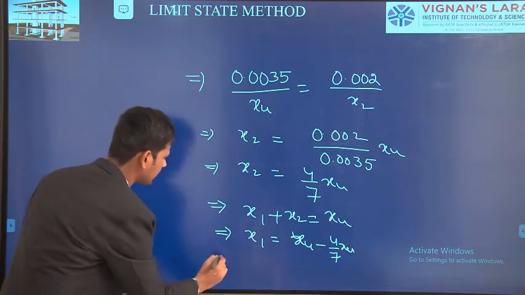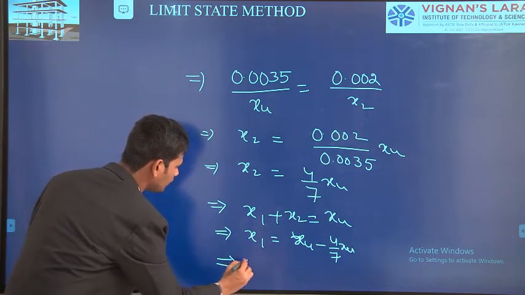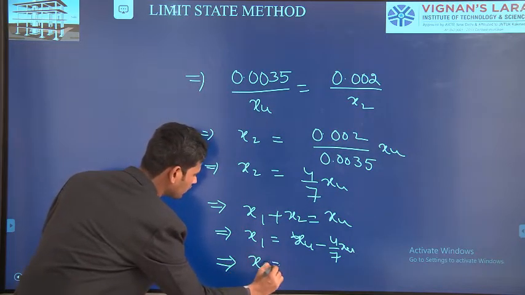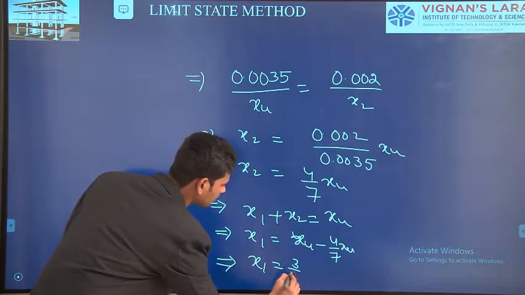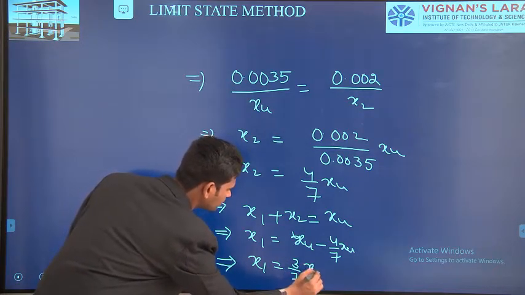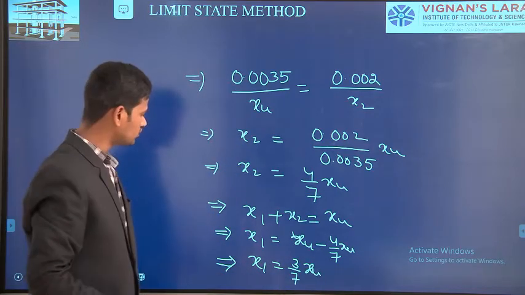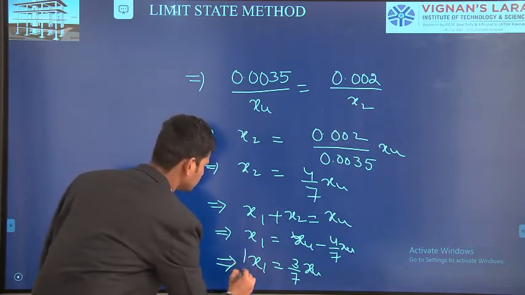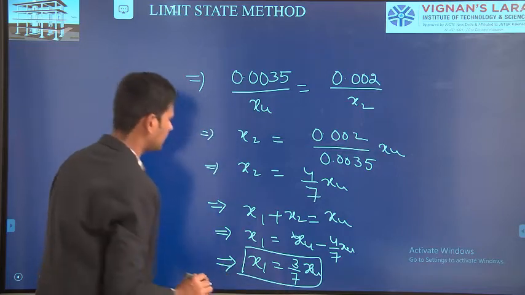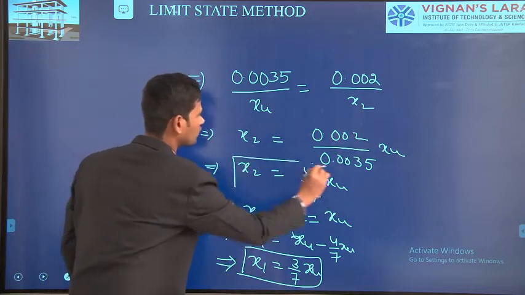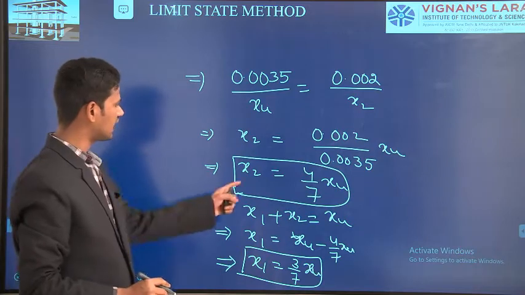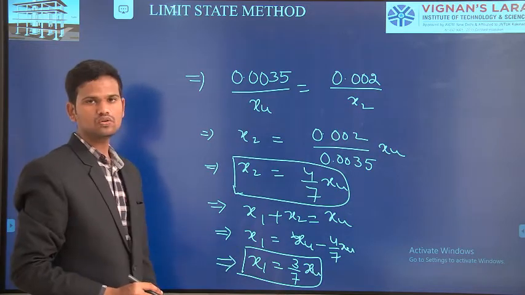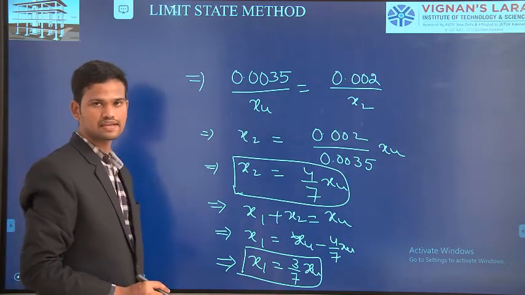If you calculate the x1 value, we get x1 equal to 3/7 of XU. These are the values calculated up to now: x2 equals 4/7 of XU, and x1 equals 3/7 of XU.